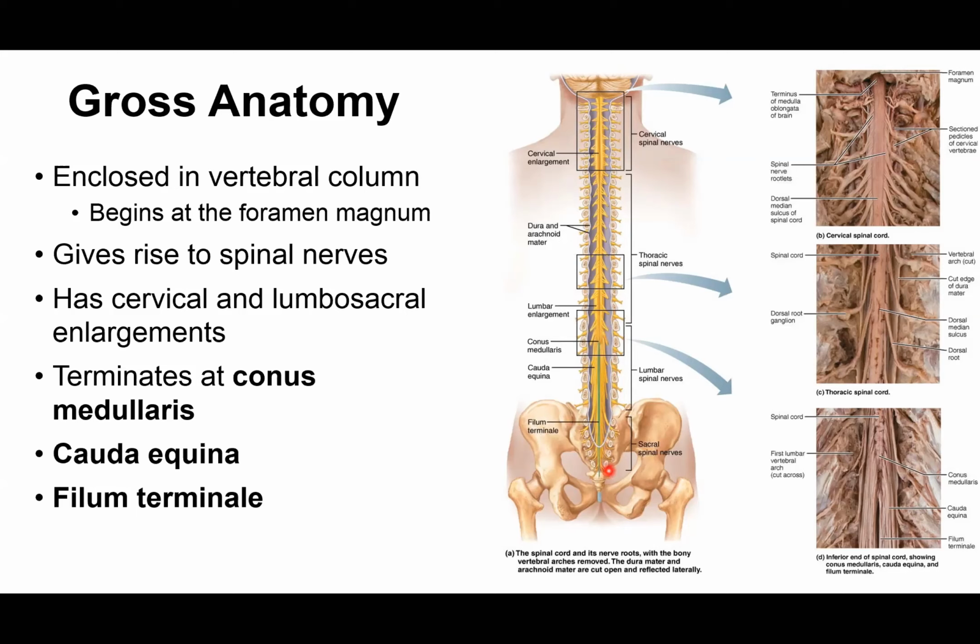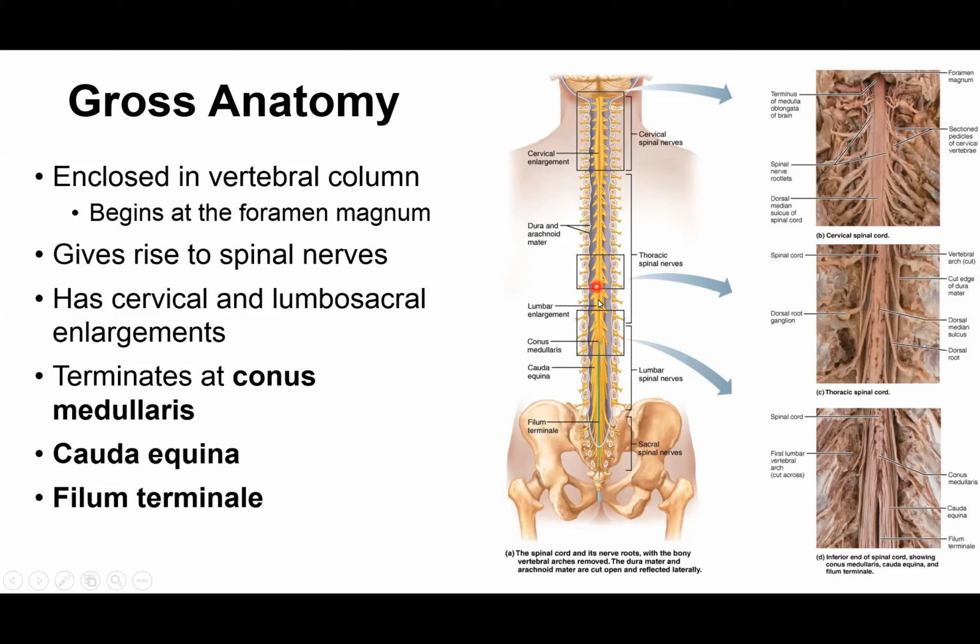In addition to having these nerves, we're also going to have enlargements in certain areas of the spinal cord. So you can see that this section of the spinal cord is quite thick compared to maybe this section. And so this is called the cervical enlargement. And then we also have the lumbar enlargement.